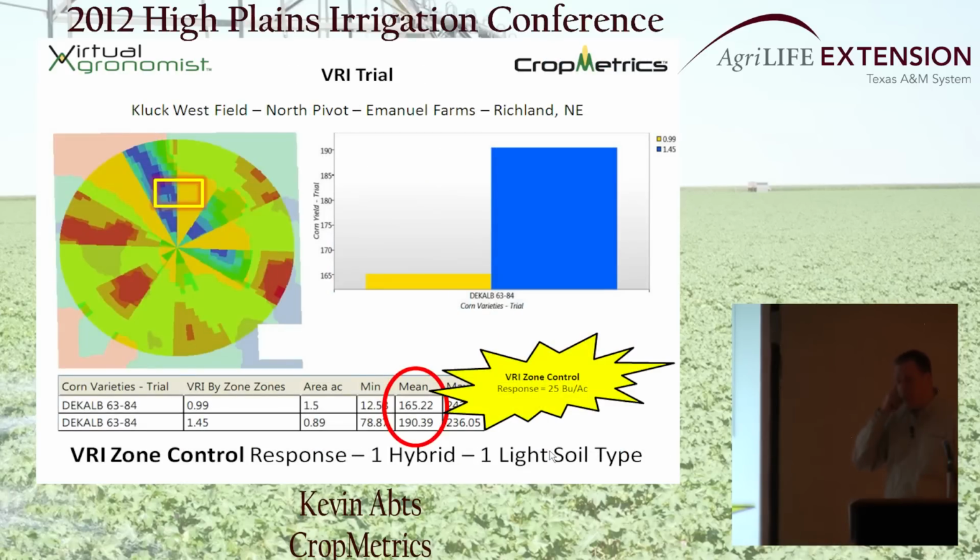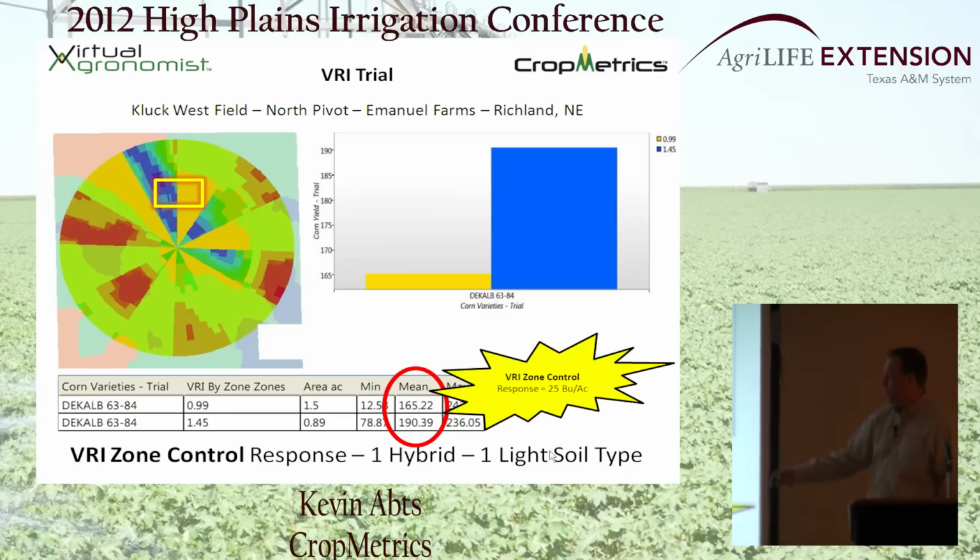This here, this is getting a little more advanced. But what this is we did a test where we said, okay, we're going to do VRI zone control alternating with flat rate irrigation, and we're going to look at a single hybrid and a single soil type. So this particular one, as we'll see here, this is a single hybrid in a lighter soil.